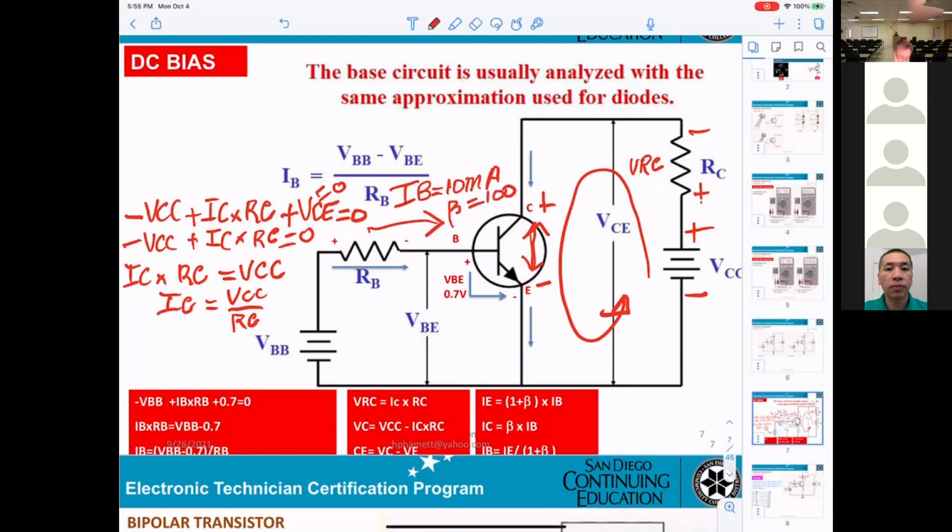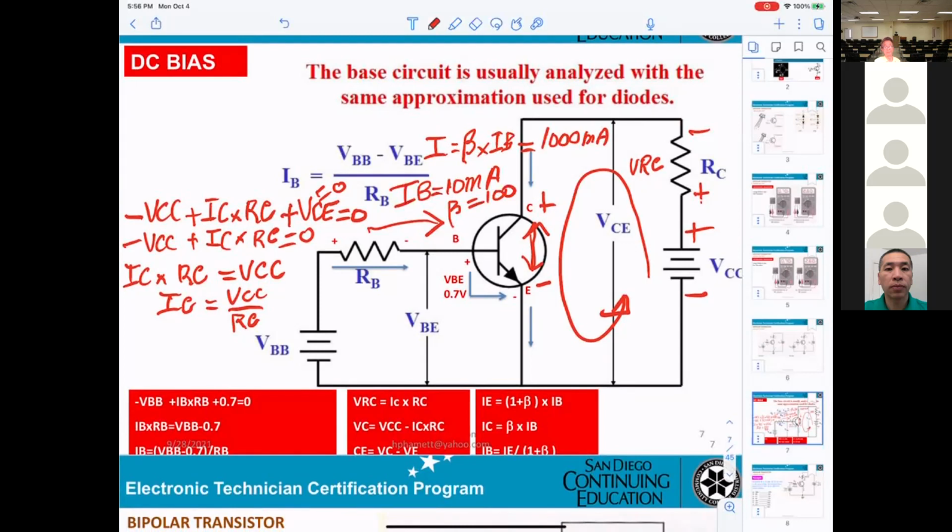They're telling you IC is beta times IB. So 10 times 100, 1,000 milliamp. That is the amplified DC current, nothing to do with AC.